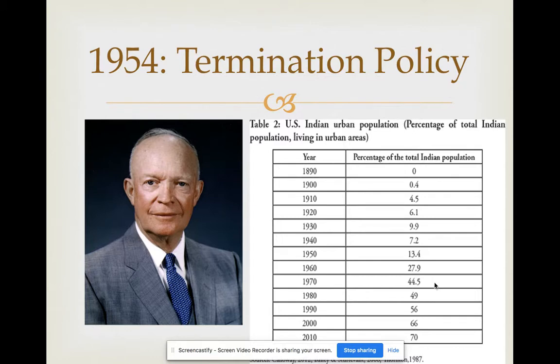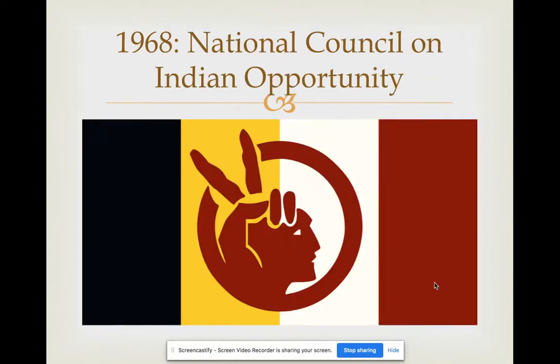As the 60s moved forward, once President Johnson came in after John F. Kennedy had been assassinated, in 1968 the National Council on Indian Opportunity was formed under the leadership of President Johnson, basically to address problems that Native Americans were facing in this country.